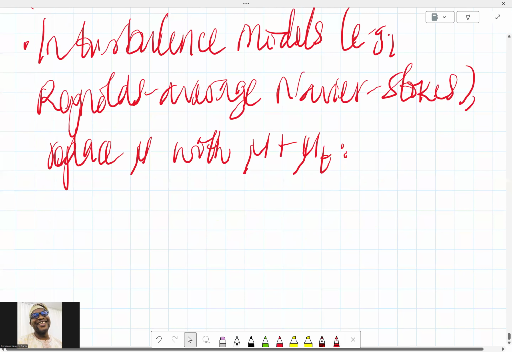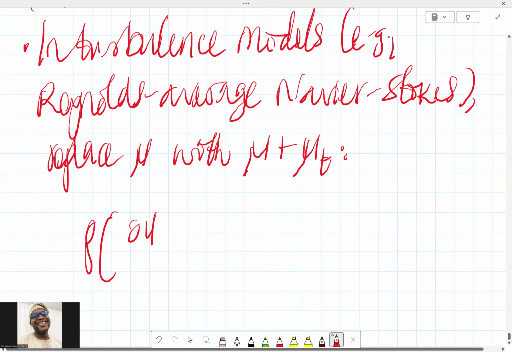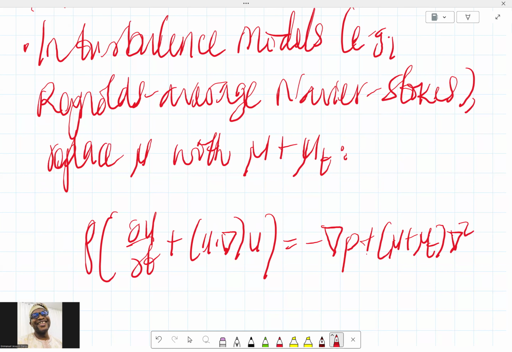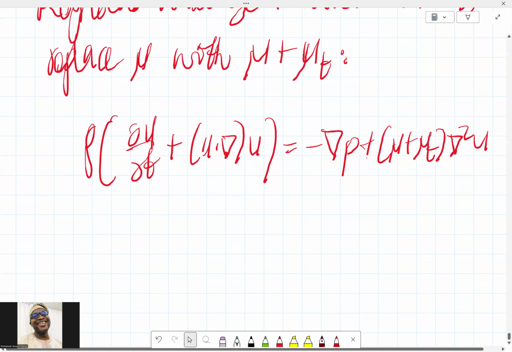So we now have rho times du/dt plus u dot grad u equals minus grad p plus mu sub t grad squared u. The external force is not there.